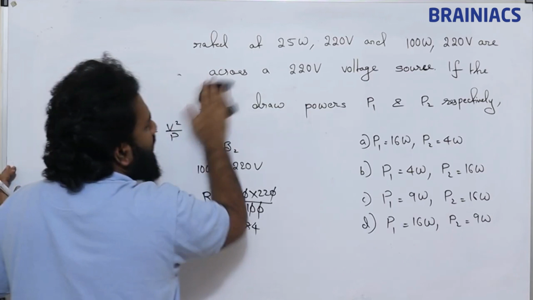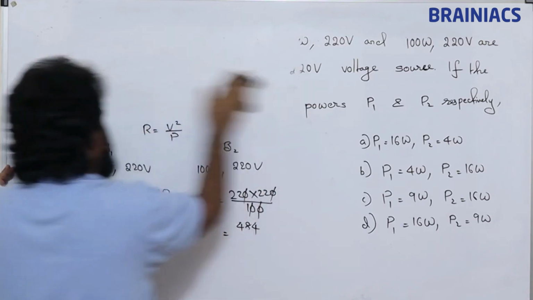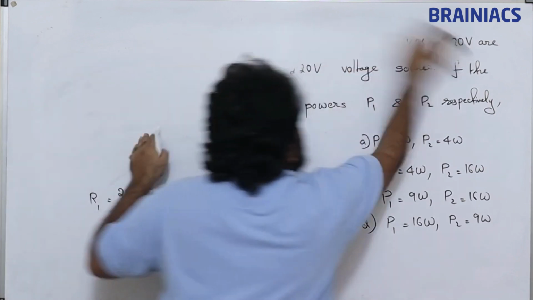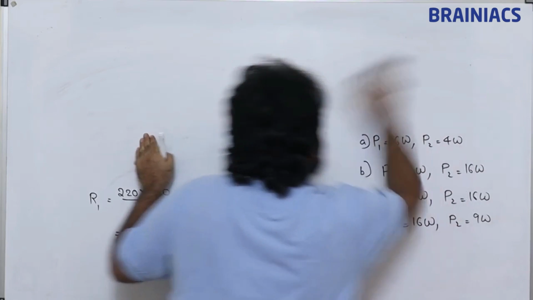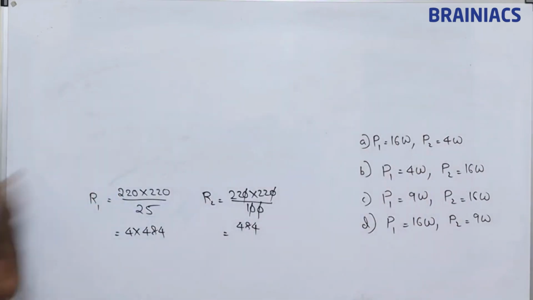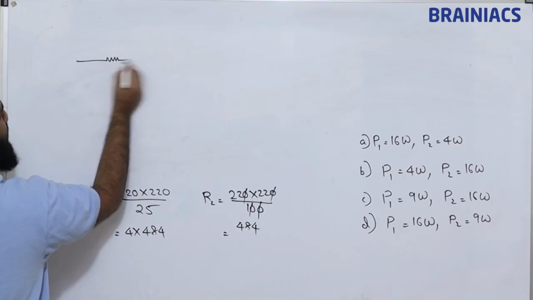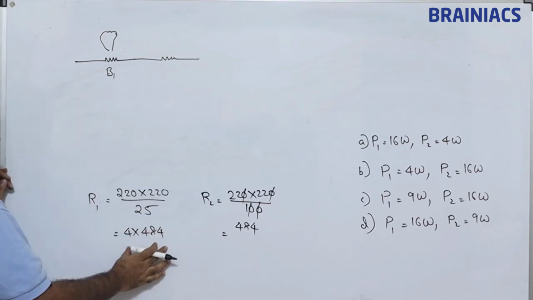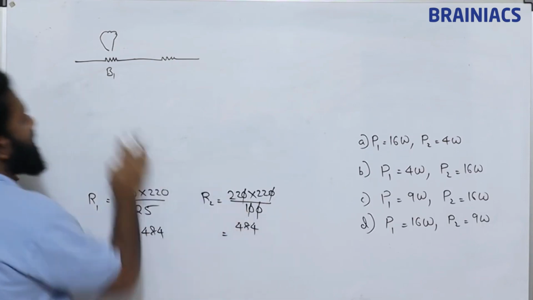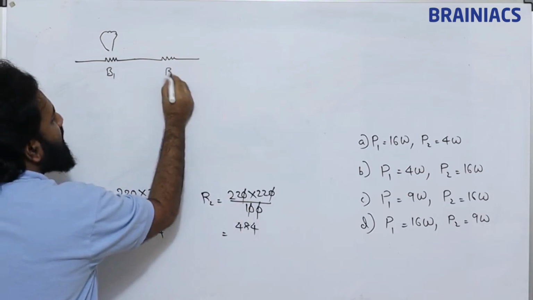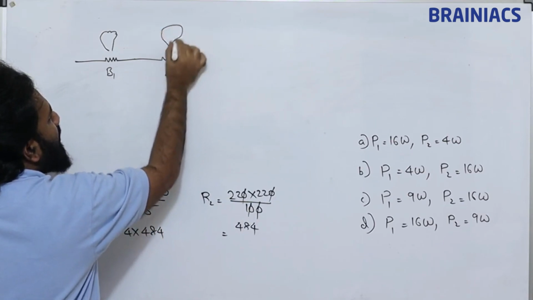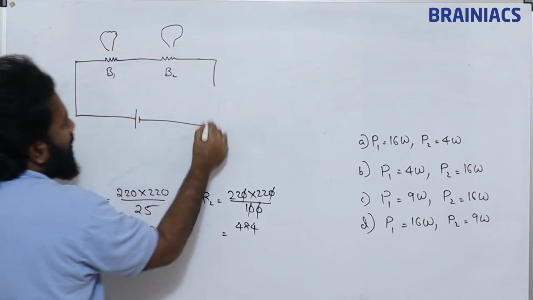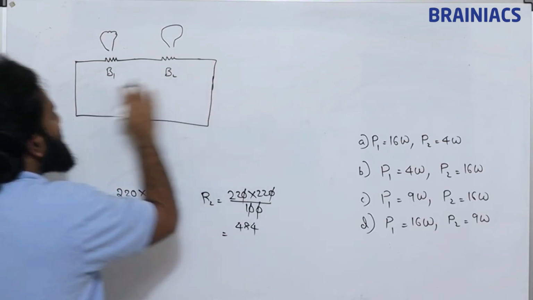P1 and P2 is what they are asking. So R1 and R2 are there, and now they are connected in series. This is bulb B1 and this is bulb B2, and we are connecting them to a voltage source in series.